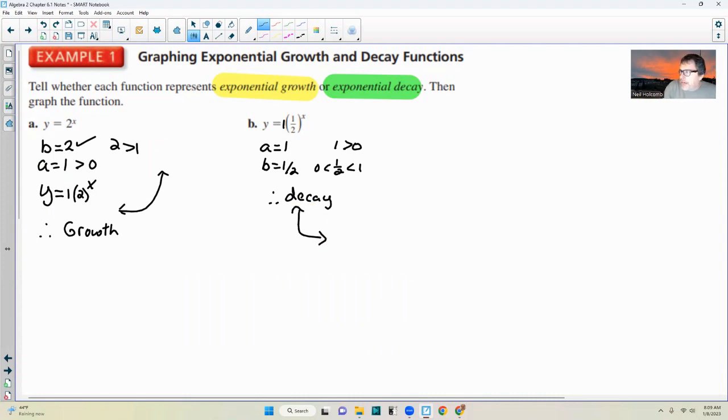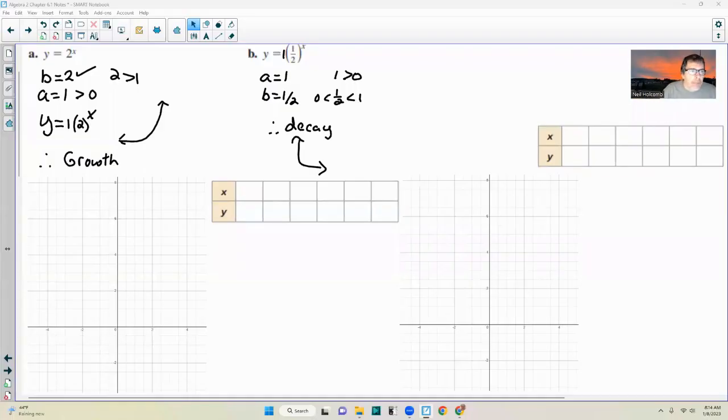So let me bring in some graphs. Okay, so here we go. So you make a table. It can be horizontal or vertical, a T-chart. And we're going to substitute X values in. So let's just start with a negative number, like -2. I don't know what is going on with this computer today.